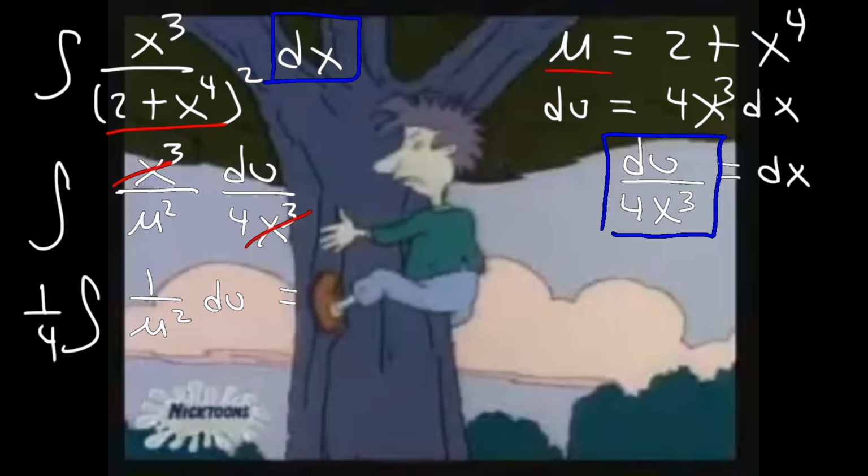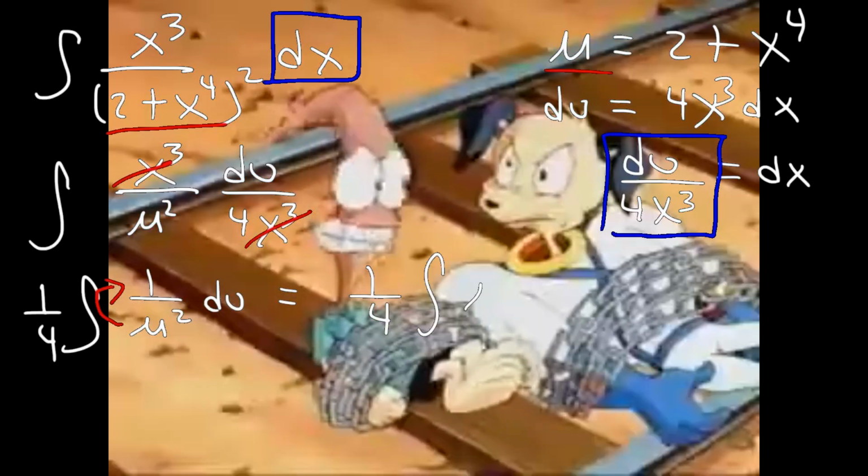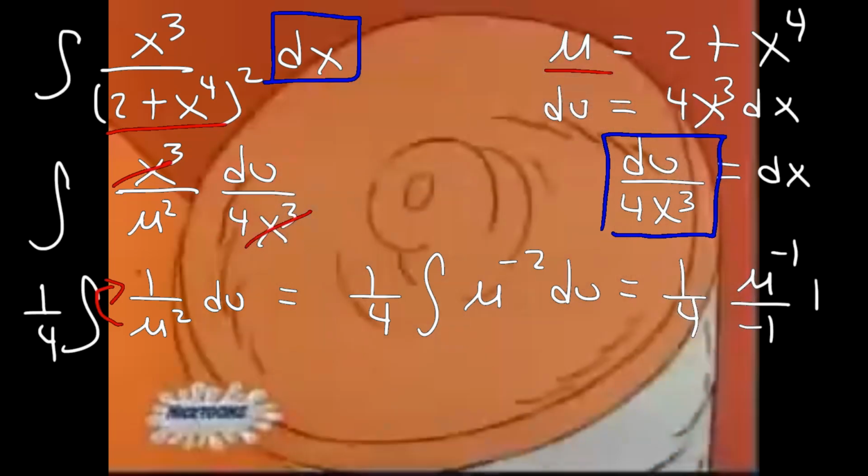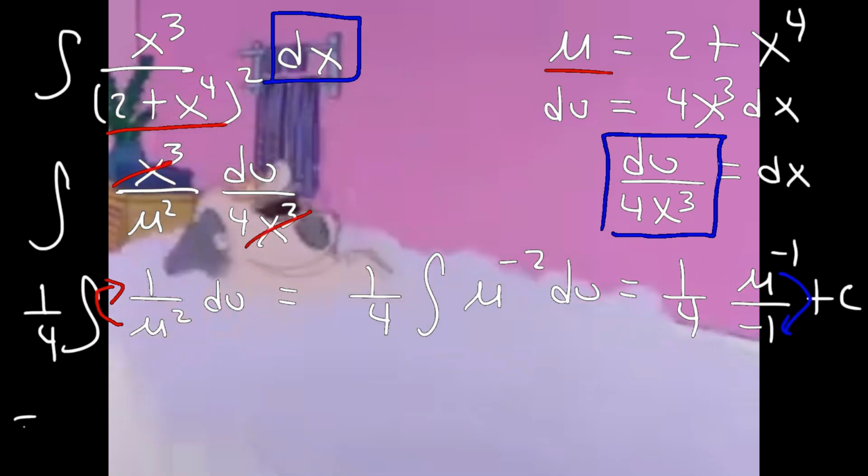And so let's move the u squared from the bottom to the top. So this is going to be 1/4 integration of u to the negative 2 du. And now we can use the power rule. So if we add 1 to negative 2, that's going to be negative 1. And then we need to divide by negative 1. So now let's bring this variable back to the bottom to make the negative exponent positive.